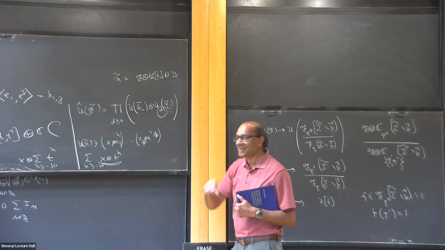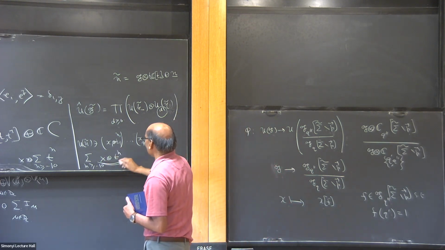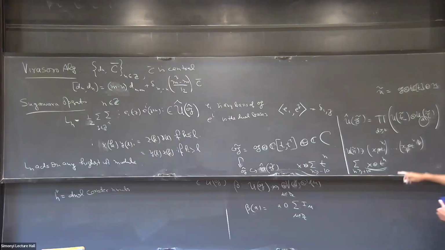So suppose I were to take n plus 10, let's say. Then x tensor t^10 will belong here. You mean U hat is the completion with respect to what is on the right.